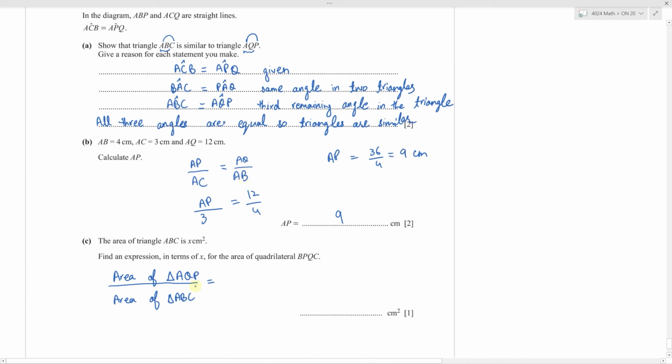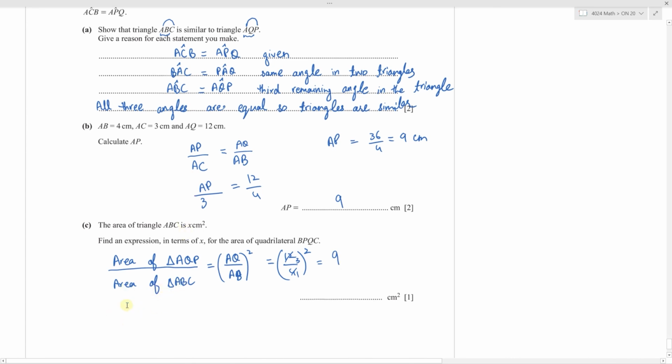here, AQ over AB. AQ is in the larger triangle, so AQ was 12. Let me write it down. AQ over AB, and since this is the area, we need to take the square of this ratio. So AQ is how much? AQ is 12, AB is 4, and you take the square of this. 4 ones are 4, 4 threes are 12, and 3 square is 9. And we know that area of triangle ABC is x.